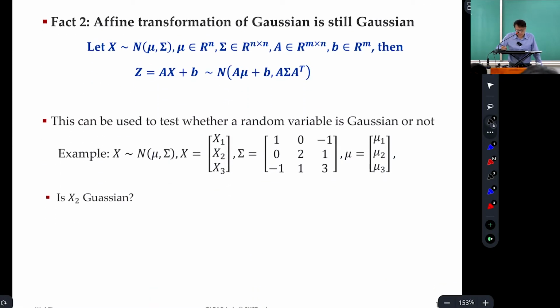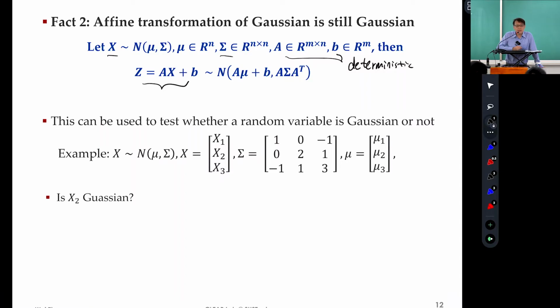The second one is that an affine transformation of a Gaussian is still Gaussian. So let's say x is Gaussian. A is a matrix, and A and b are deterministic. Then I define another variable, Z, as an affine transformation of x.